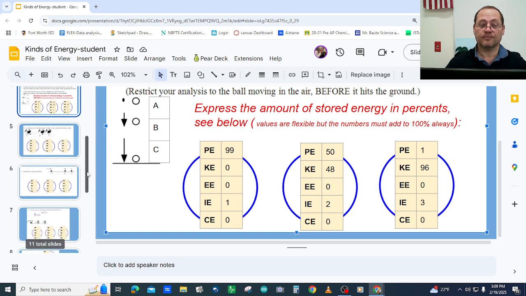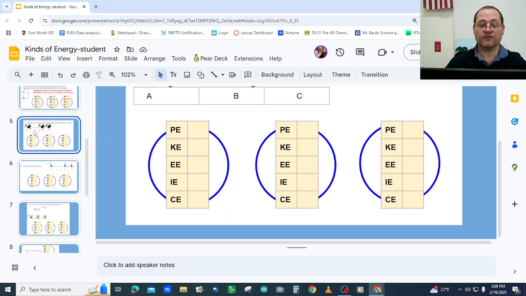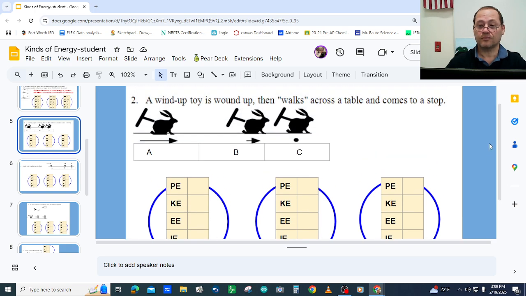Let's do another one. We have number 2. Number 2 is a wind-up toy, and it's wound up, and then you put it on the surface of the table or the ground, and then it walks. Right?